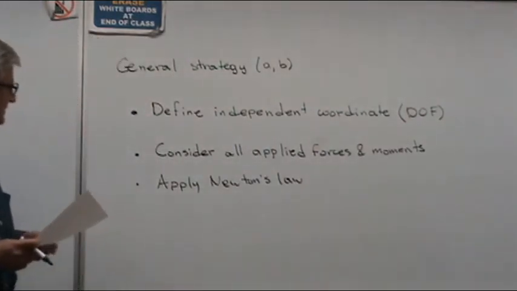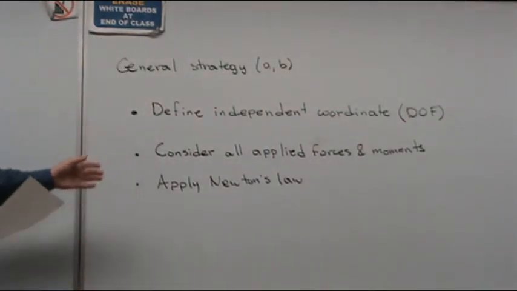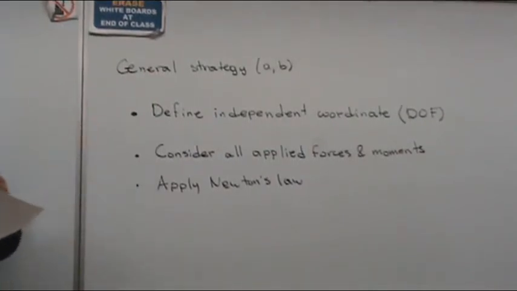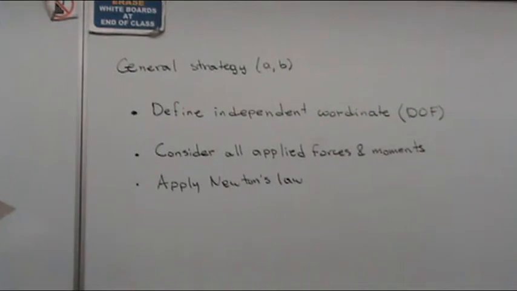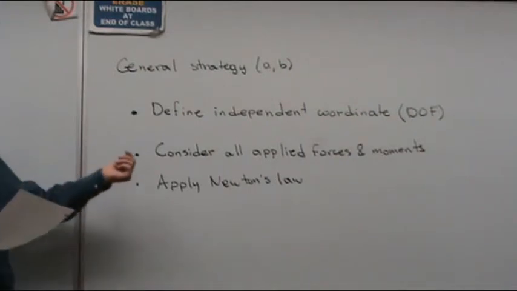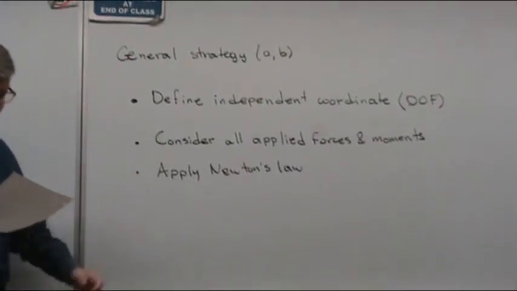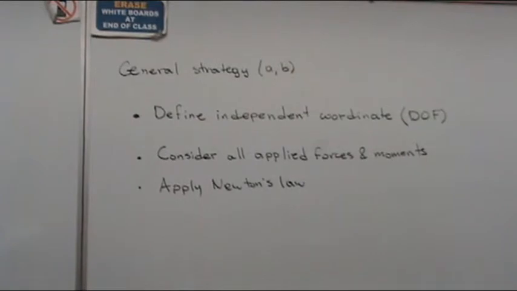Okay, so this is the strategy that you will follow. First, you select a degree of freedom, something that defines the position of the system. Then you draw all the applied forces and moments, and then you use Newton's law.